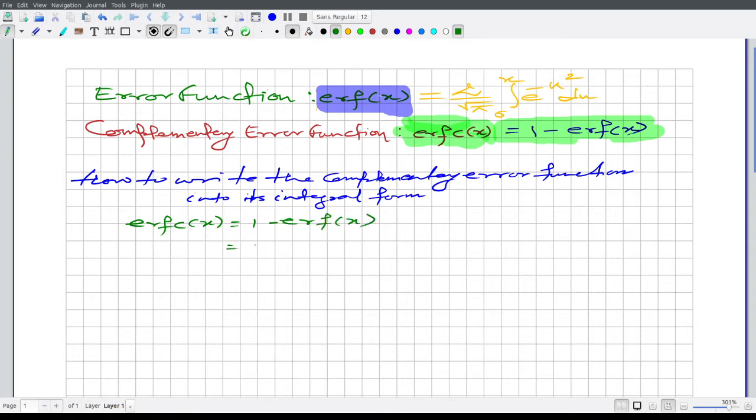Okay, now what I am doing, 1 minus this term, we know, 2 by root pi, integral 0 to x, e to the power minus u square du. After that, I am writing this 1 as 2 by root pi, integral 0 to infinity, e to the power minus u square du, minus 2 by root pi, integral 0 to x, e to the power minus u square du.